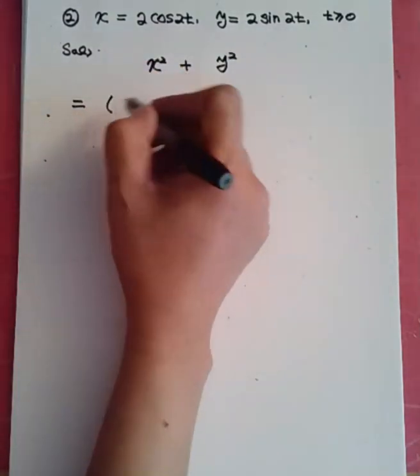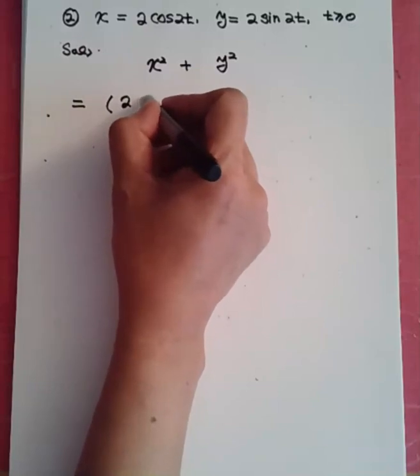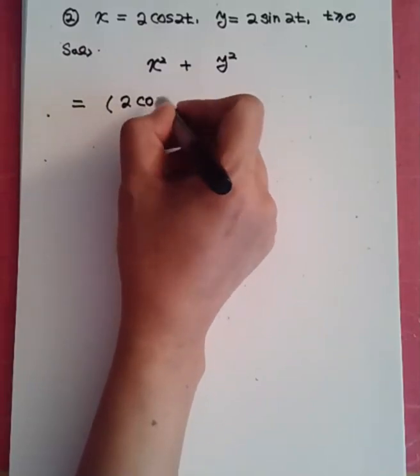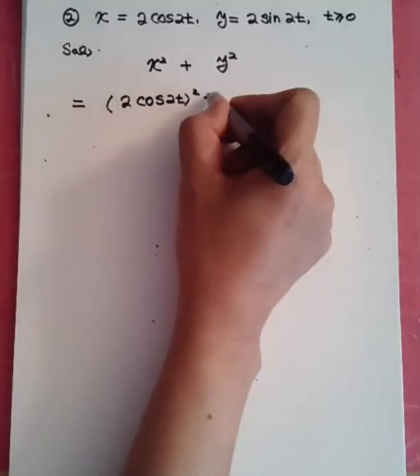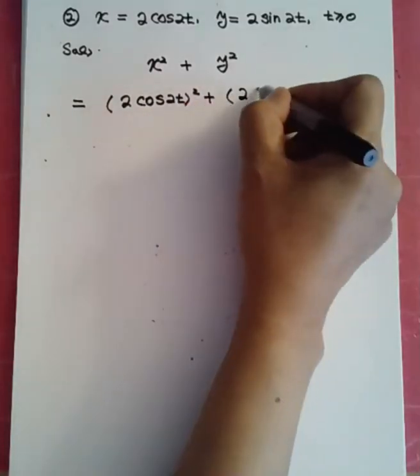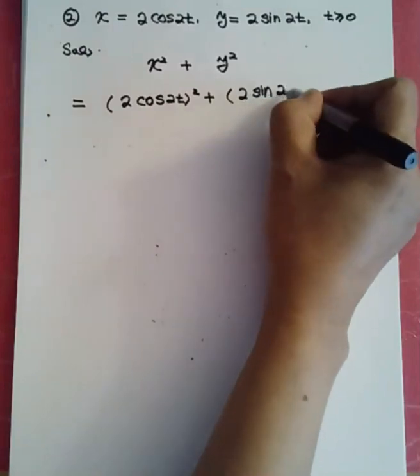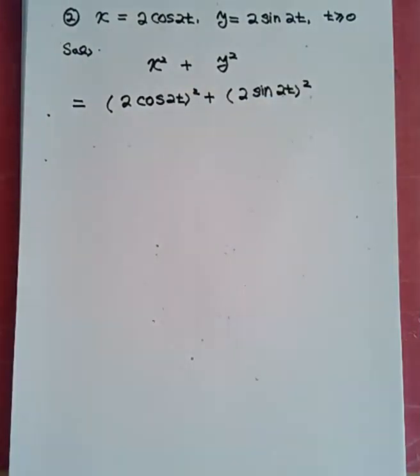Then x is 2 cosine of 2t squared plus y is 2 sine of 2t squared.